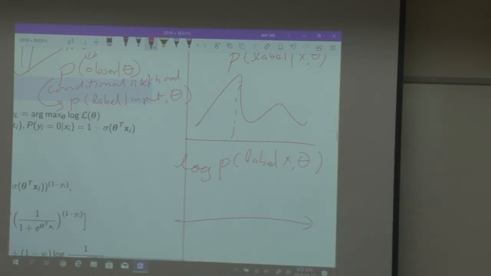It's log, so it's probably going to look similar in shape.